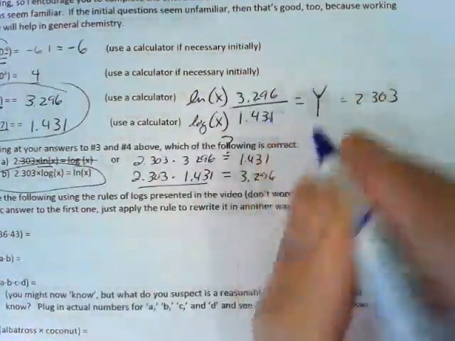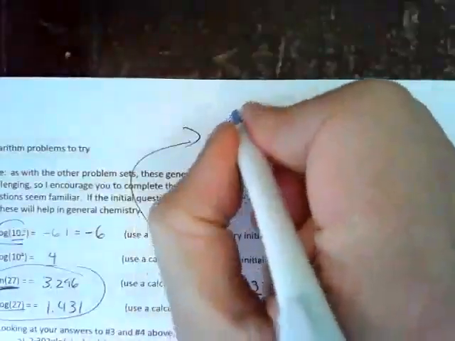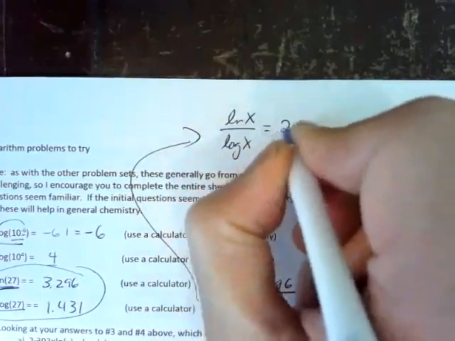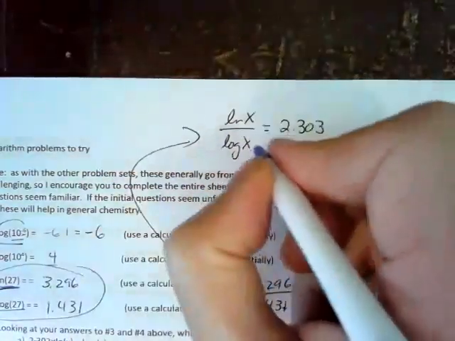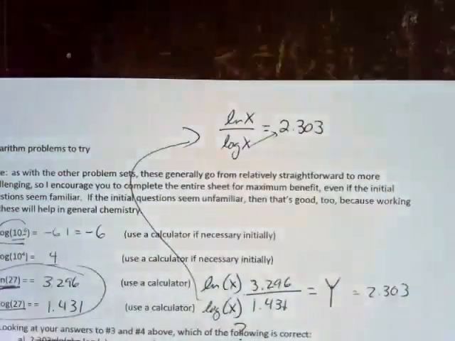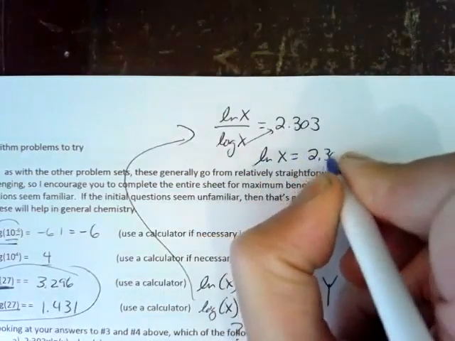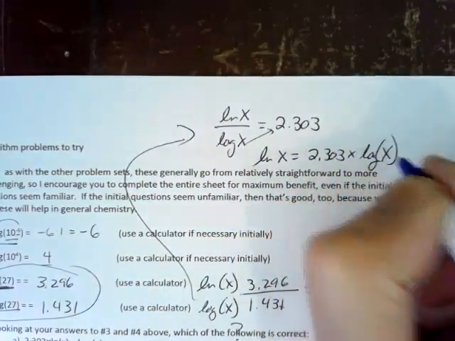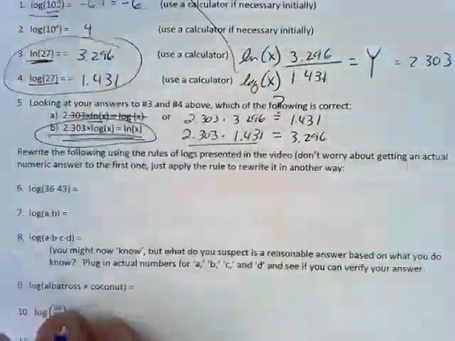So now I'm getting a little crowded, so I'm just going to hop up here. So now we can broaden this and say, this must be true. And then if we cross multiply by log x, we would just be left with the natural log of x is equal to 2.303 times the base 10 log of x, which is exactly what we convinced ourselves must be right.